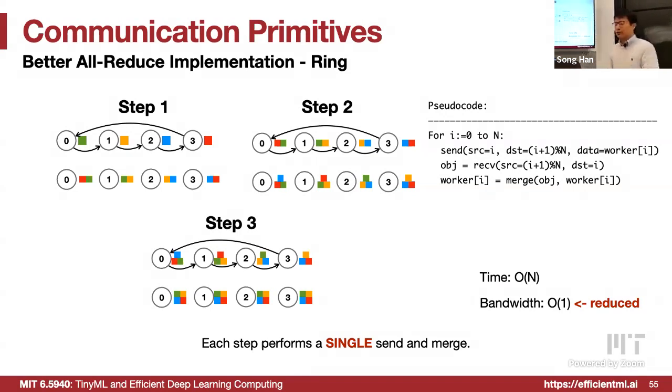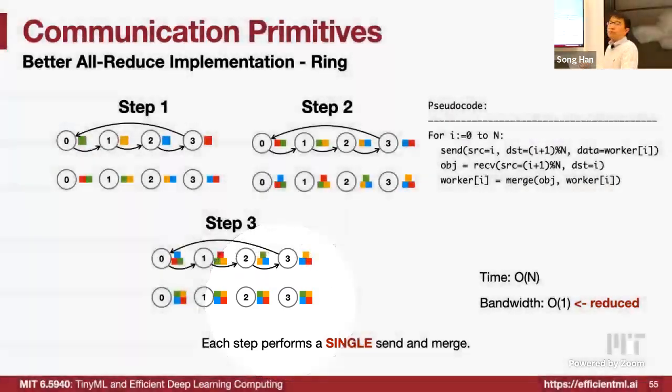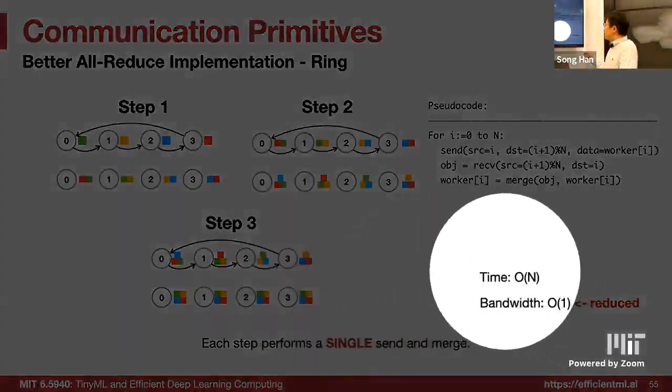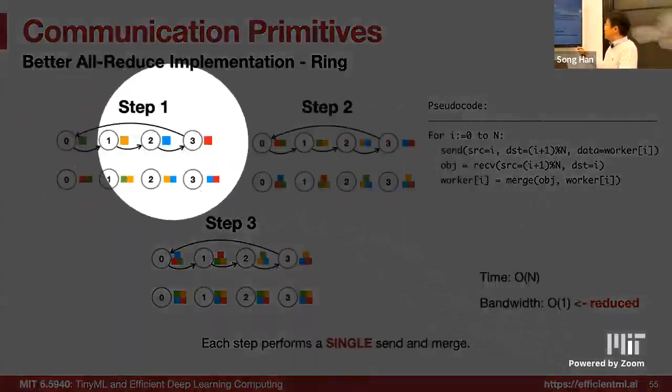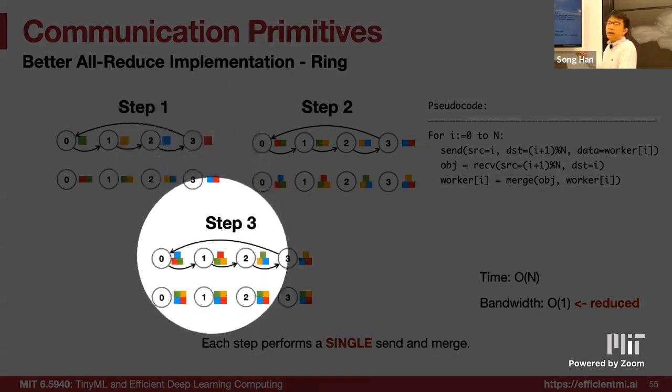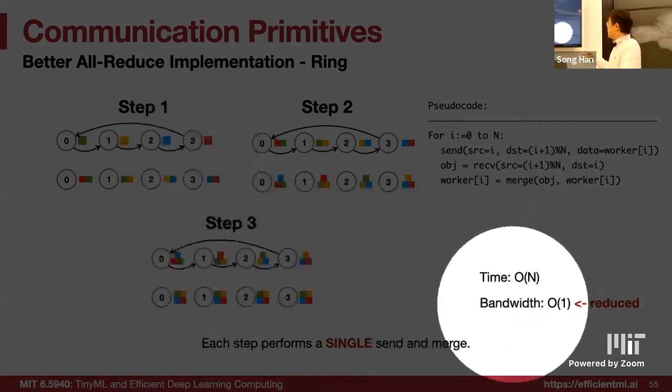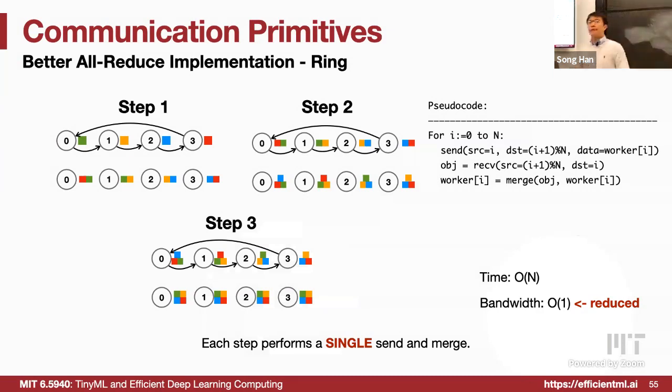So in only 3 steps, we have all the data. Since we have 4 nodes, we require 3 steps. So time is still O(n), but bandwidth is only O(1). We only need to communicate with our neighbor, so very little bandwidth is needed here.